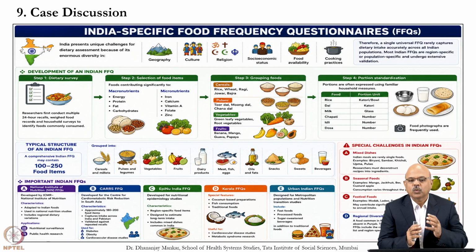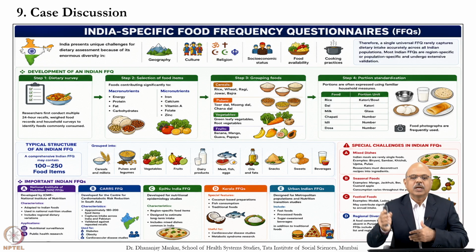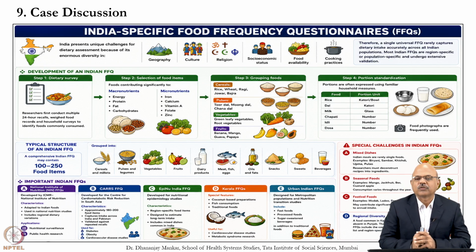Urban Indian FFQs are designed for metropolitan food and nutrition transition studies, understanding the burden of food there, which includes fast food, processed food, and sugar-sweetened beverages in addition to the traditional foods.